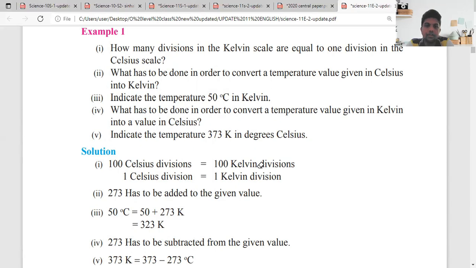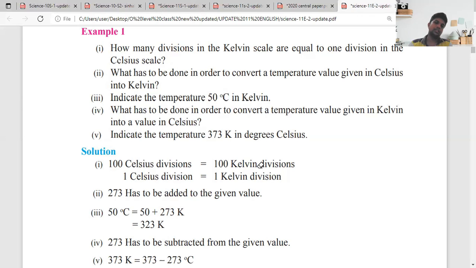What has to be done in order to convert a temperature value given in Celsius into Kelvin?